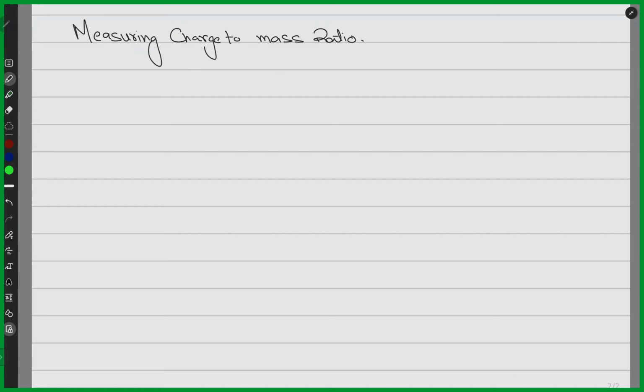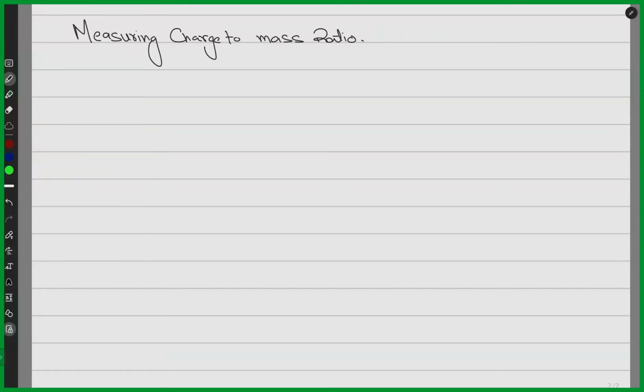Okay, so what you do is you take a beam of charged particles. One of the reasons we measure the charge to mass ratio is that it's very difficult to have just a single electron contained inside something.